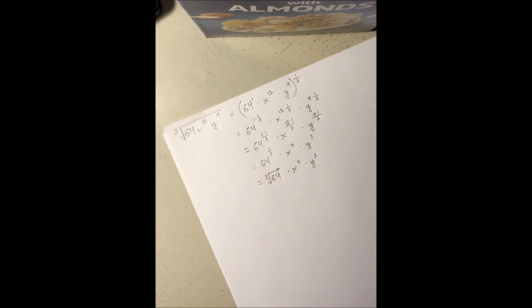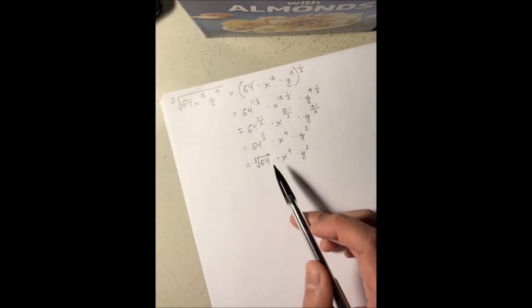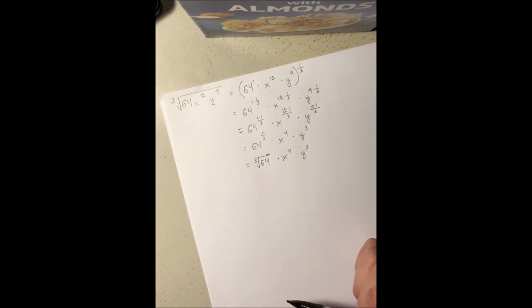Now, what is the third root of 64? Well, if you recall the first few seconds of this video, 64 is actually a perfect cube number. Because cube root of 64, which is the same as 64 raised to the 1/3, is going to be equal to a smaller integer, 4.